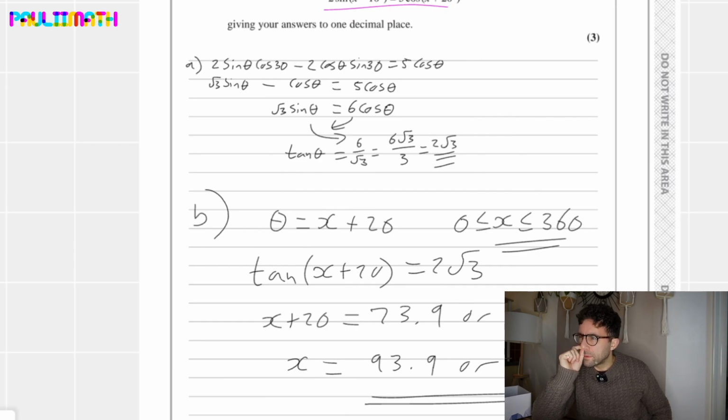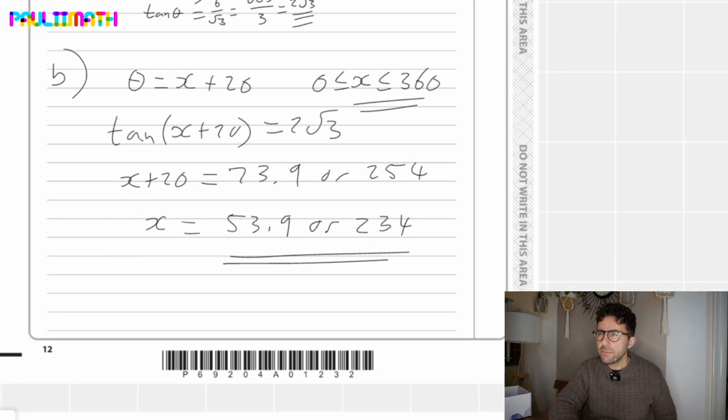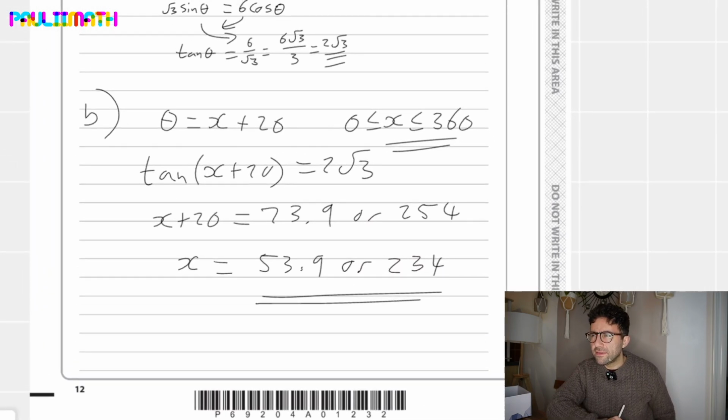Let's just have a look. The thing is, why would you add 20? I'm not really sure. You got to subtract 20. You've got a plus 20 on the left hand side. 53.9 or 234. Second time lucky, many would say.